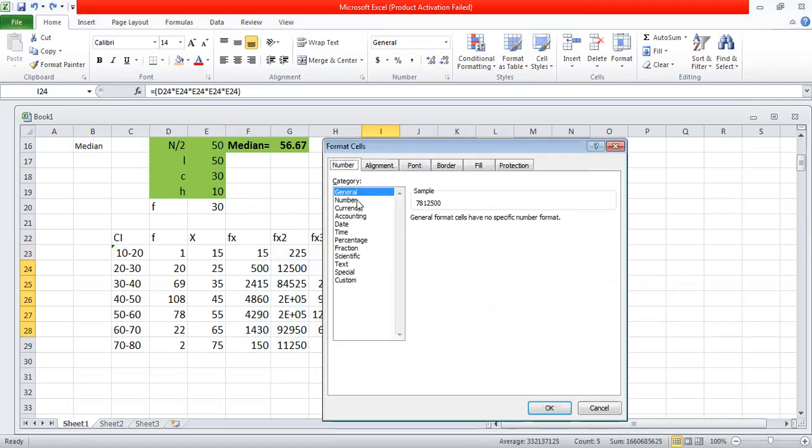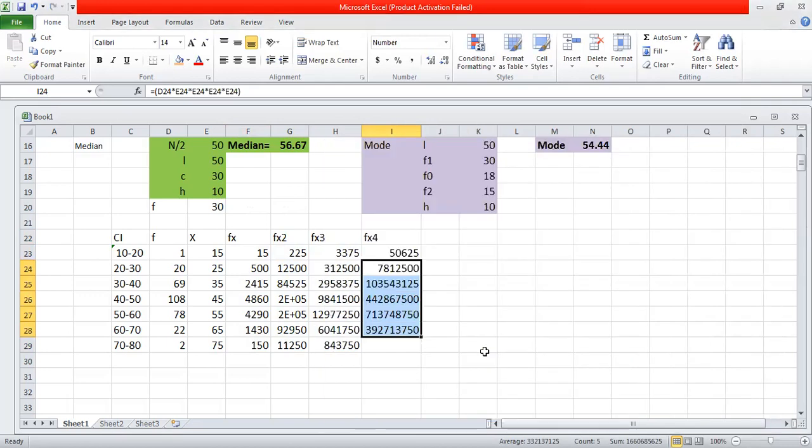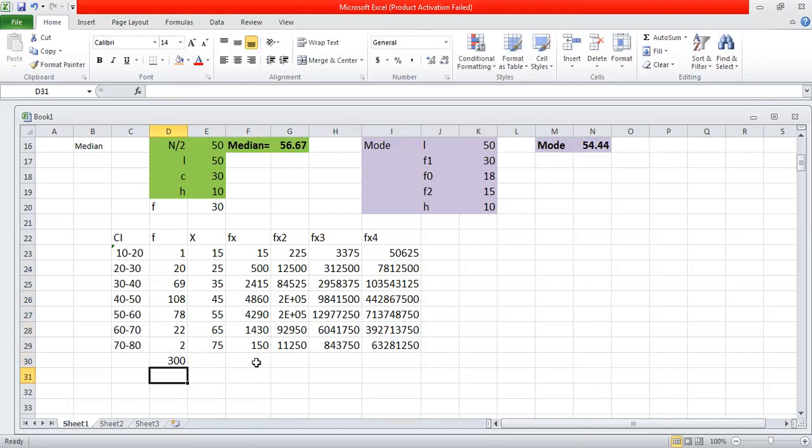Format cells, number, make the decimal point 0. So these are the values. Now I want the sum of these values. So first equals to sum of these frequencies. Sum of the frequencies is 300.